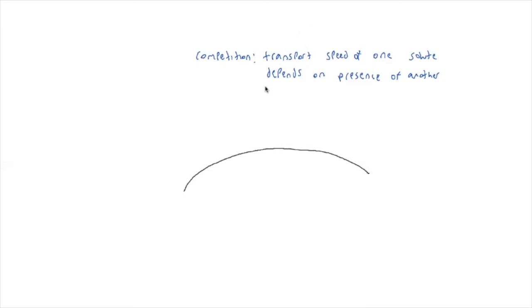That's true many times. Let's just say that we have here a GLUT channel, and this particular GLUT transporter can either transport glucose or maltose.